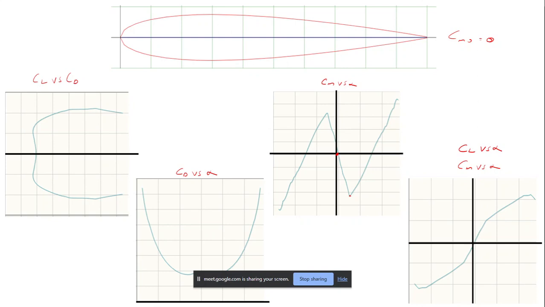What do you think happens at those peaks or the sharp changes in the graph? It's called pitching moment reversal, which is evident here. What happens? Can anyone try guessing if this is the CM versus alpha?